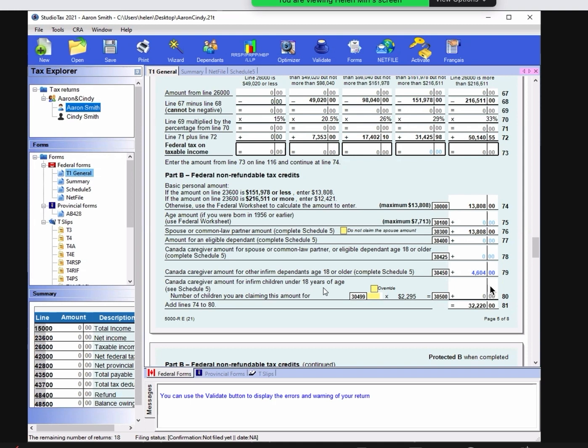If you have a child under 18 who is infirm, you put line 80. That's basically what I taught today.